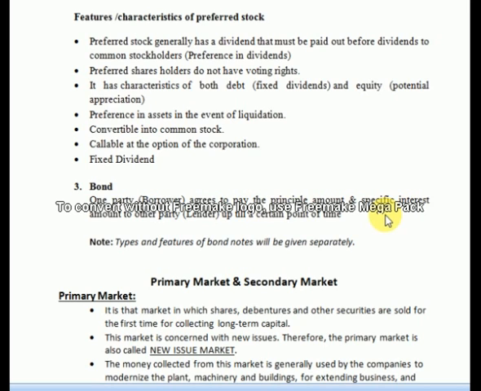When the company earns, and after that the company declares it, then the preferred stockholders will get their dividends. But in the case of the debt holders, even though the company is in loss, the corporation will pay the fixed interest.